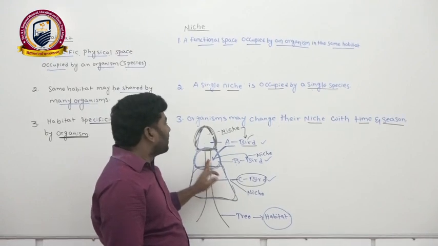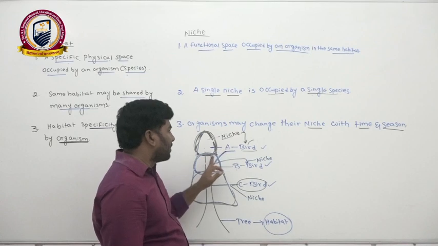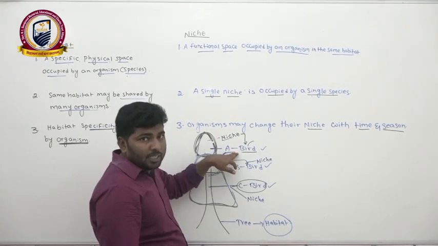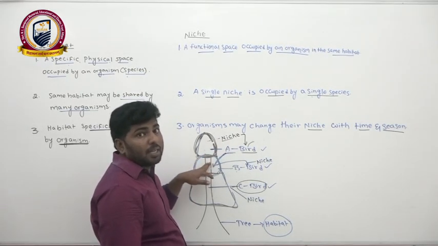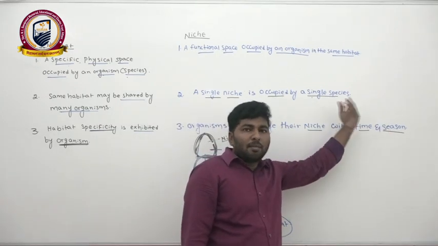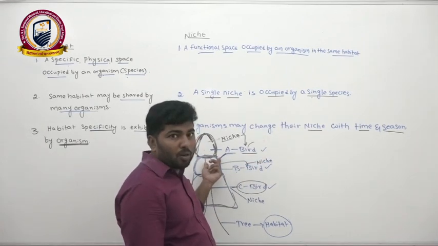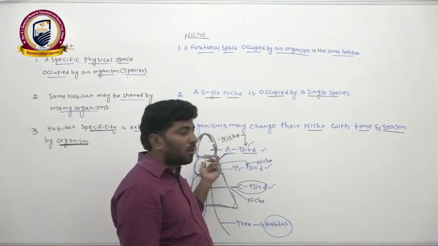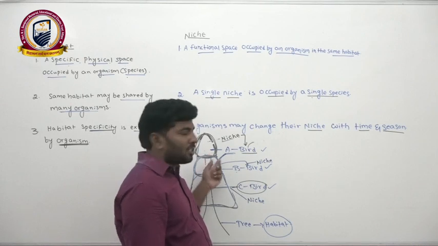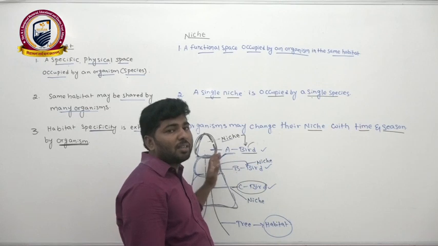Not all the time, but sometimes it may happen. If they are losing their niche, they will come to another niche according to time and seasons. As seasons change, they may not get the proper amount of food. When they do not get proper food, they may change their niche, but they will not change the entire habitat until the habitat is destroyed.